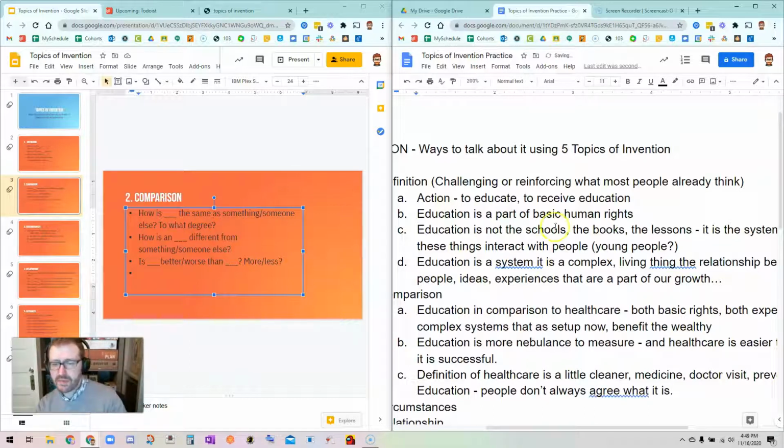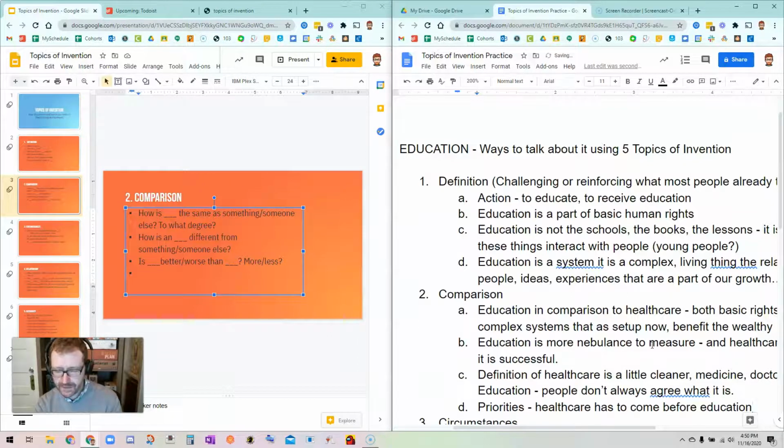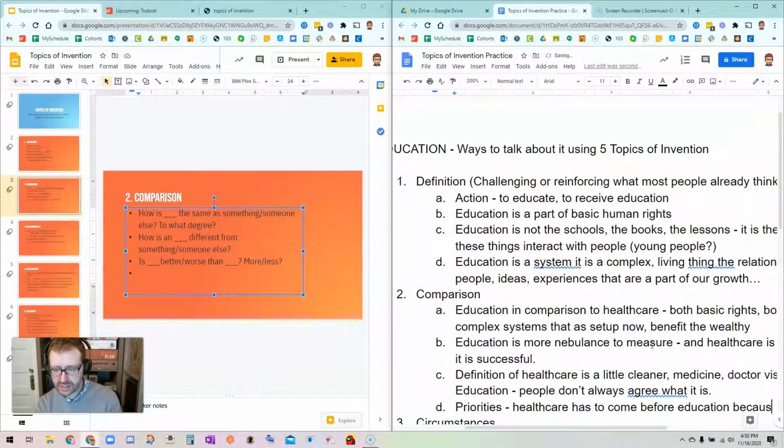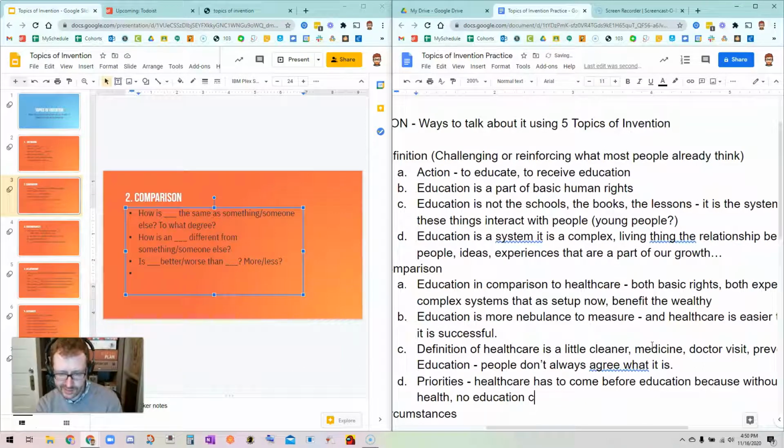And so I've created my sort of definition up there, and so maybe that can help me define what it is. But the fact that I had to, I probably wouldn't have to do that with healthcare. So they're pretty different. I don't think one is better or worse, but of course we might talk about priorities, and that maybe healthcare has to come before education, because without basic health, no education can happen.